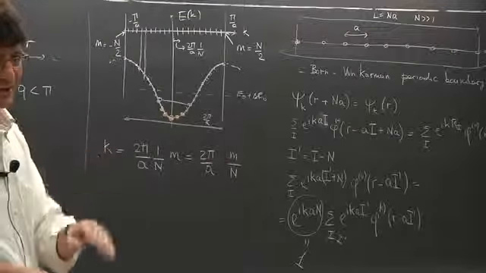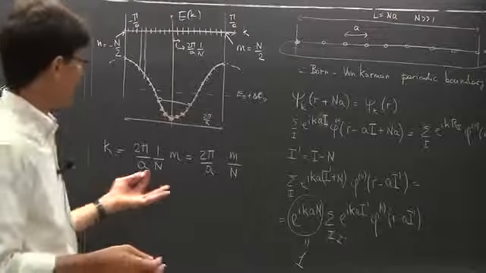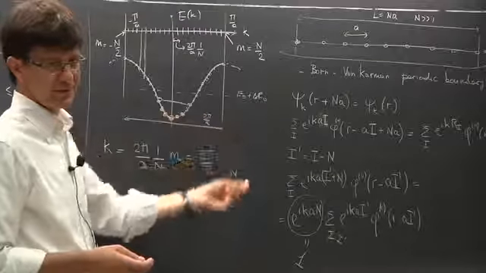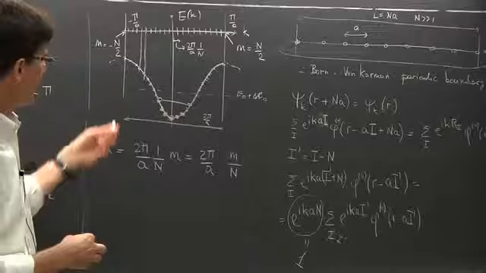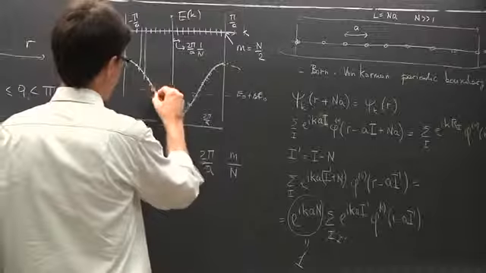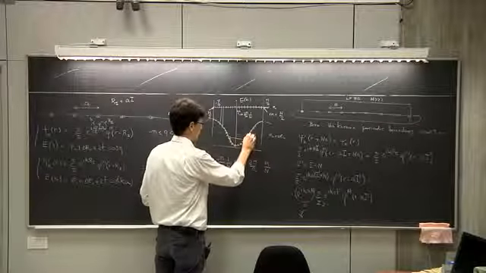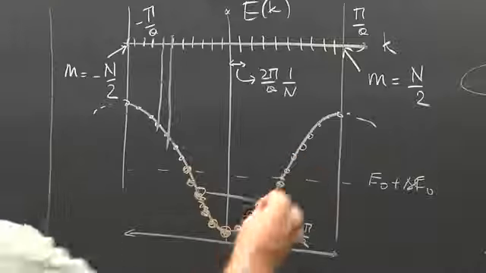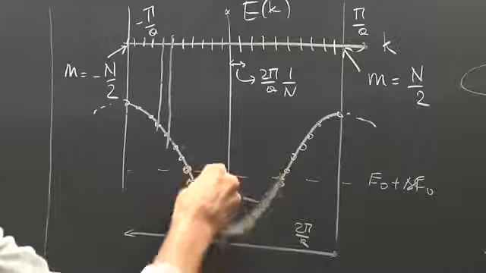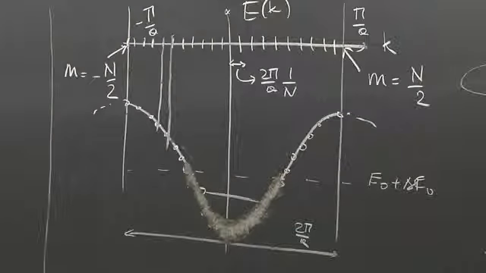But we only have N. So where will we stop? Halfway. And where is halfway? Here. It is a sinusoidal function, so halfway means that we stop here. All right? So these states will be filled, and these states will be empty in our problem.